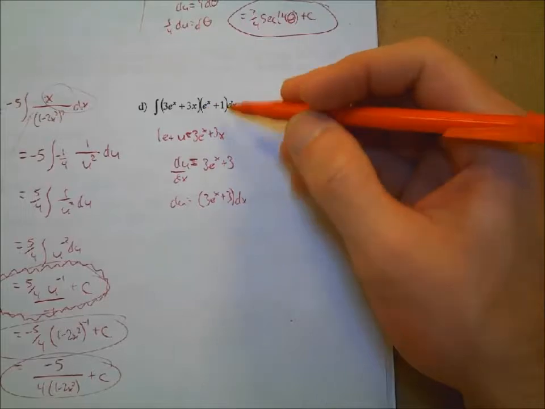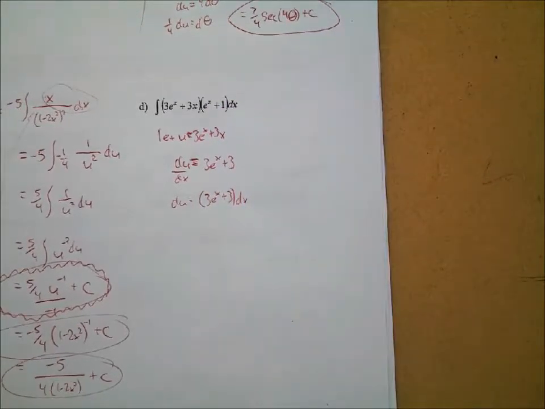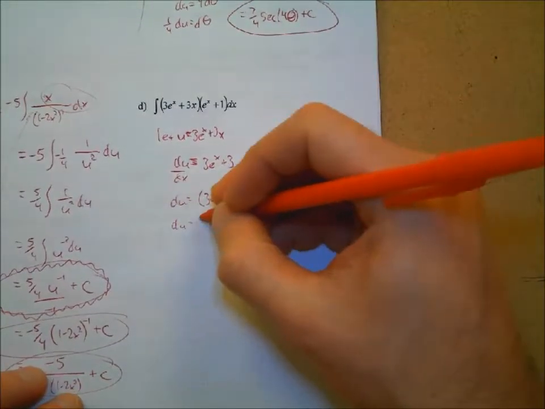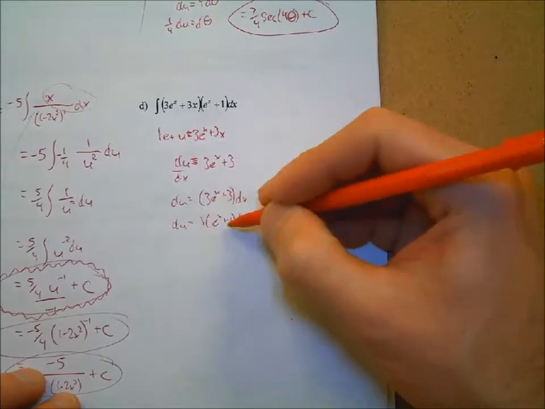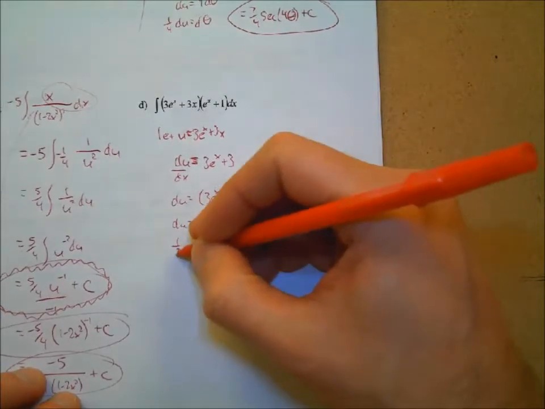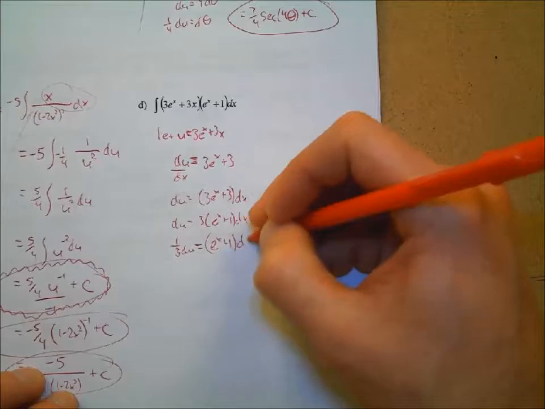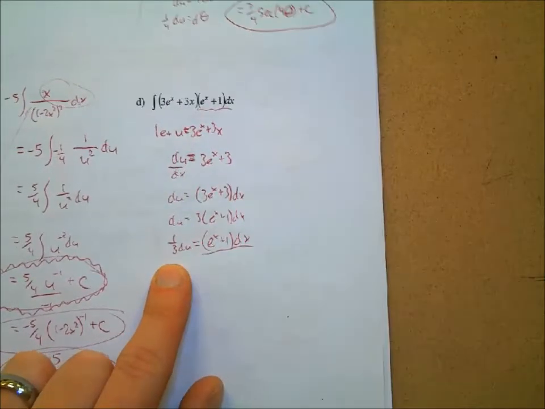What can we do to make it e to the x plus 1 dx? Yes, we can factor the 3 out. There's our e to the x plus 1 dx. We divide the 3 over, so 1/3 du equals e to the x plus 1 dx. And that is exactly what we've got right there.